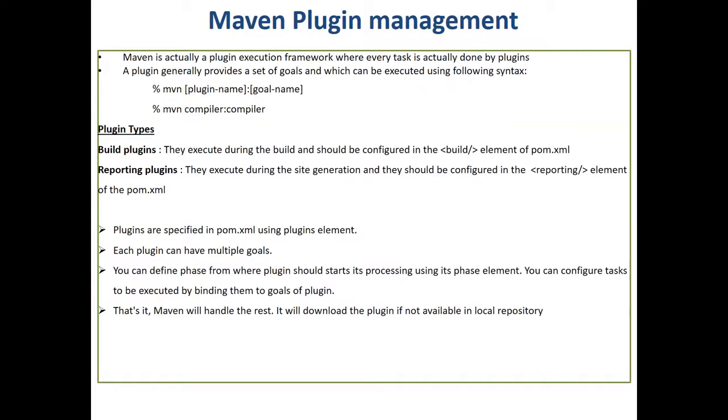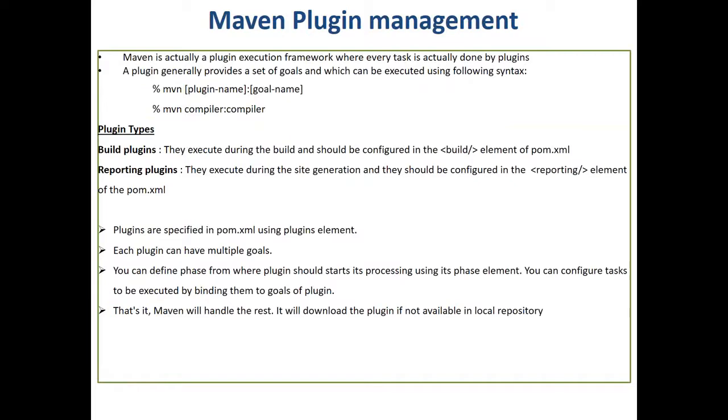So internally, Maven is actually all about running different kinds of plugins, where by default, if you go through the life cycle, you will be calling all the default plugins. Now if you want Maven to behave differently other than the default way, then you have to specify a different plugin through which Maven will be accordingly doing a task based on what kind of plugin that you want to do.